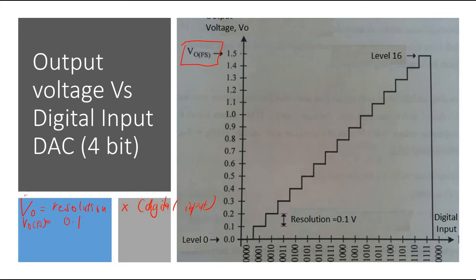The maximum value here is digital input 1111. So multiply with 1111 base 2, so 0.1 multiplied with, if we convert to decimal, 15. So our V out full scale is 1.5 volts.